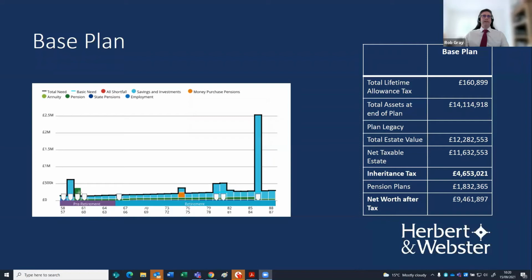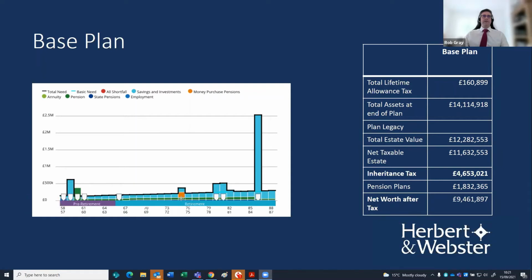So what happens here is if he takes his pension benefits from the defined benefit pension at age 60, the projections were that it would still be within his 1.8 million protected lifetime allowance. So there's no lifetime allowance tax charge, but it would have used a large proportion.